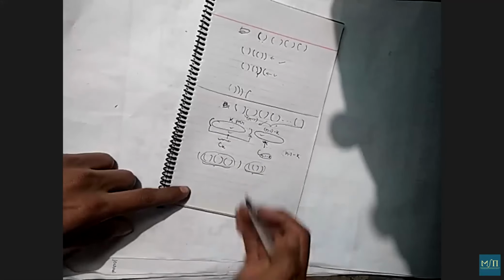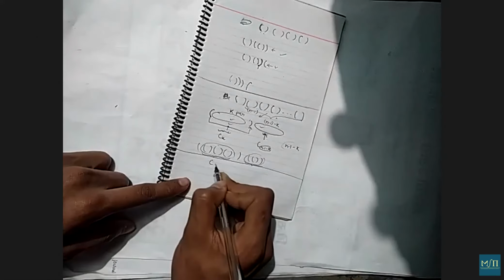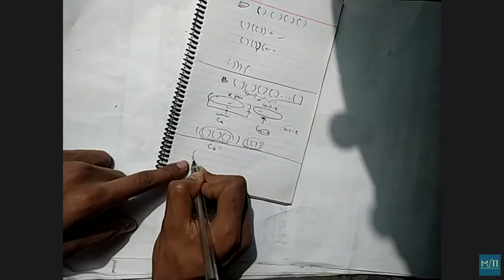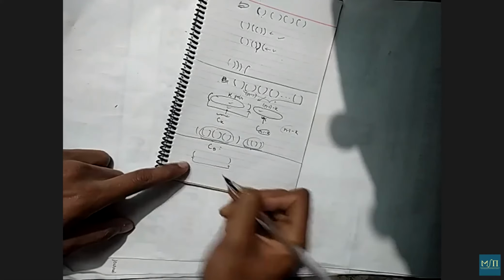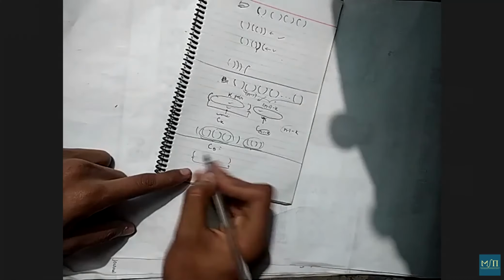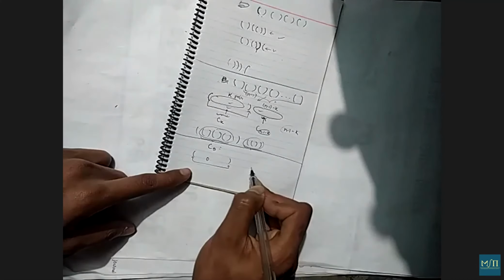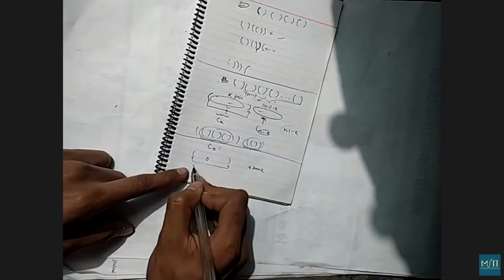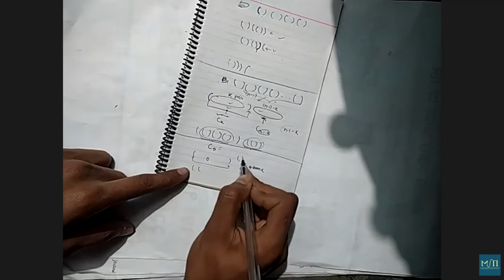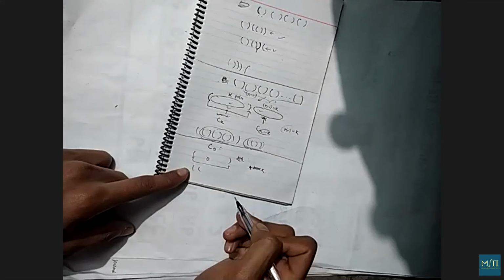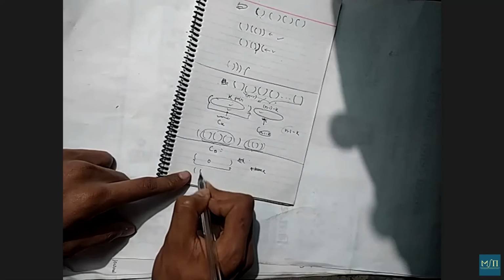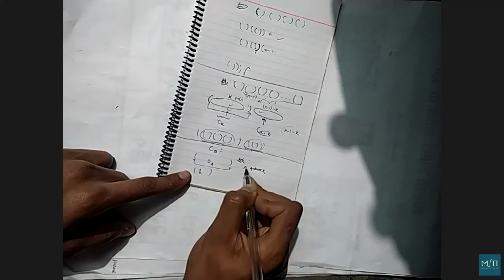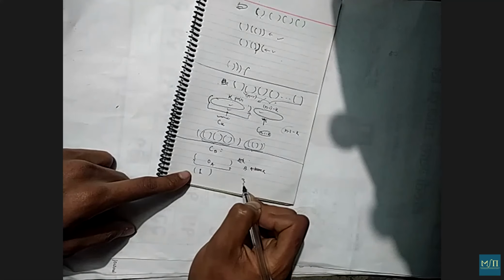But let me present you a simple case. Suppose you have to find c5. Then you have the opening bracket and its corresponding matching closing bracket. Now what you have to do is either put 0 brackets over here and all the 4 brackets over here, or you can put one bracket in this segment and put the rest of the 3 brackets in this segment.